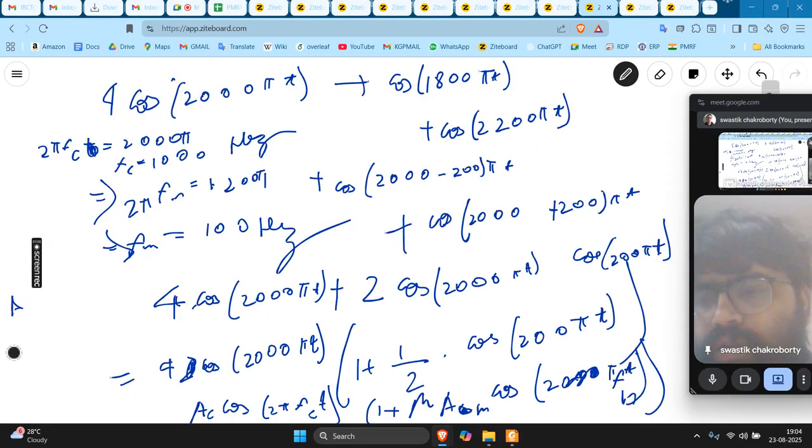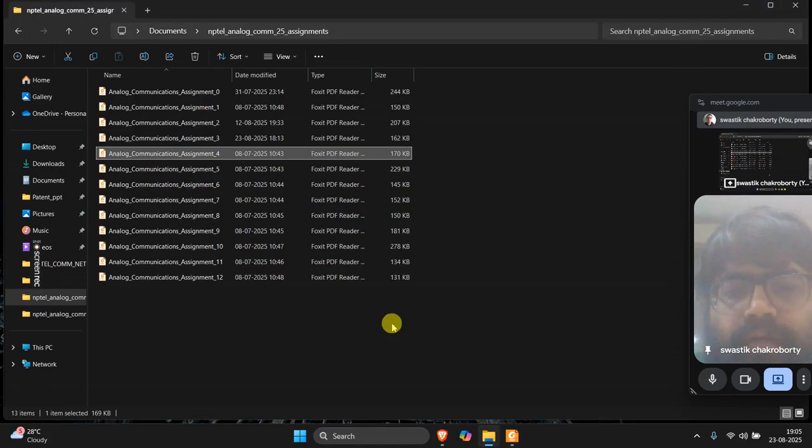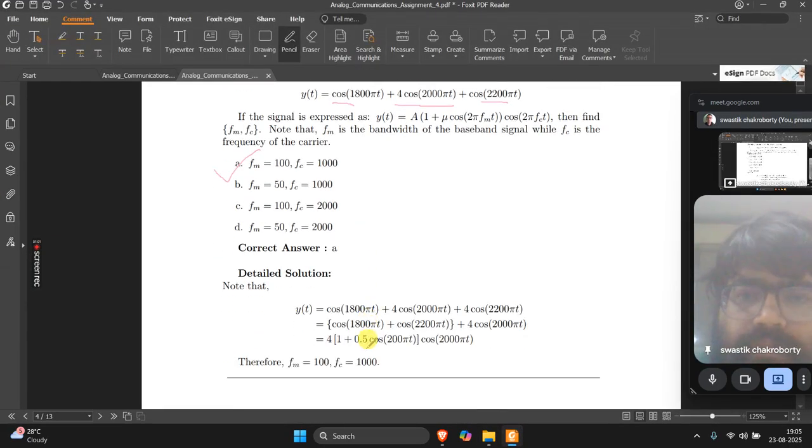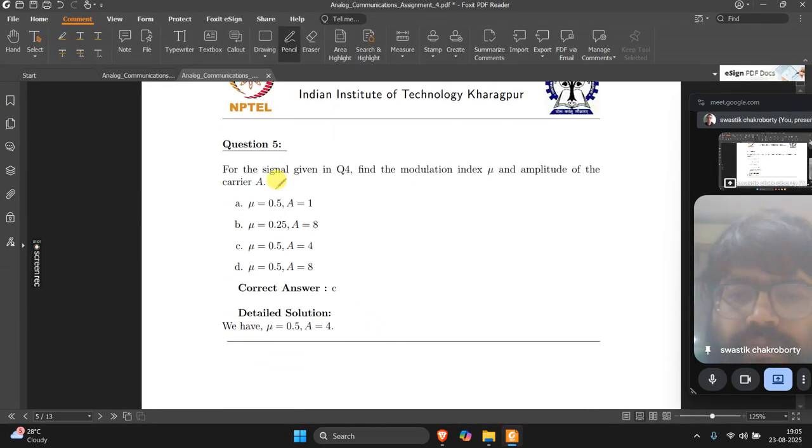The carrier amplitude A is 4 and the modulation index is half. So by direct comparison we can say that A is 4 and mu is half.